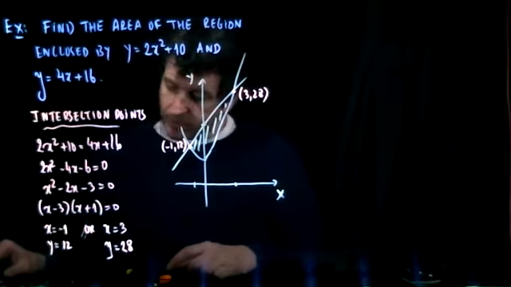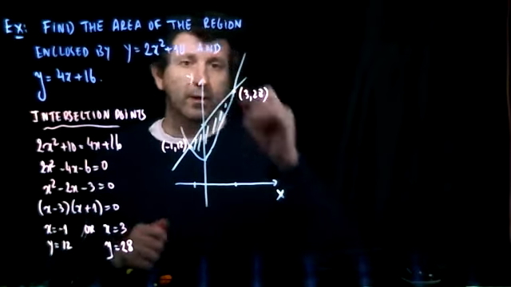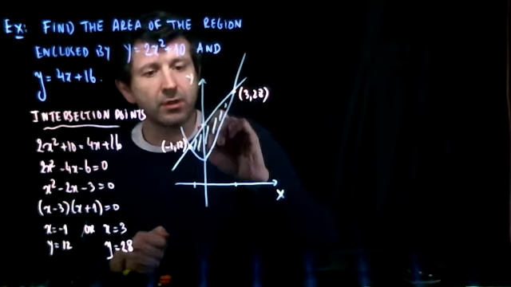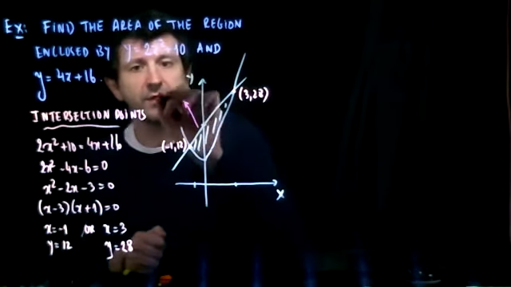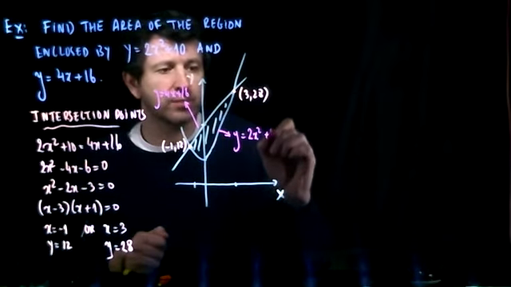Any questions until here? Okay, so now I'm just gonna label them so that I see clearly. So this is y equals 4x plus 16, and this is y equals 2x squared plus 10.